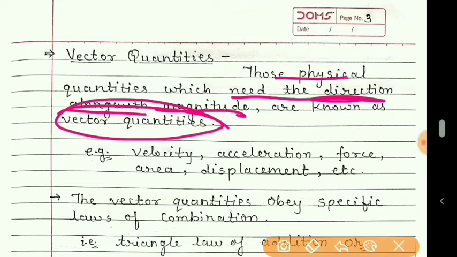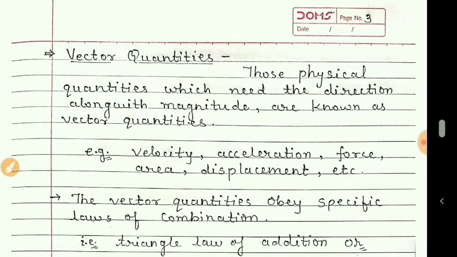Here examples are given: velocity, acceleration, force, area, displacement, etc. They are vector quantities.